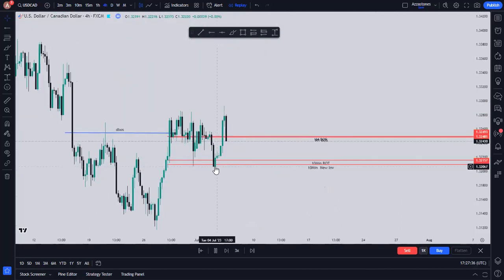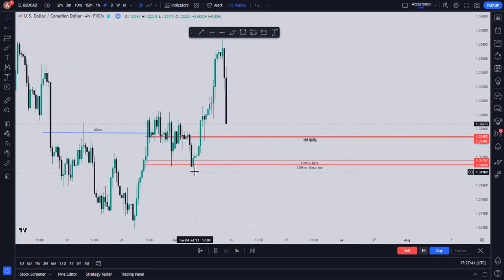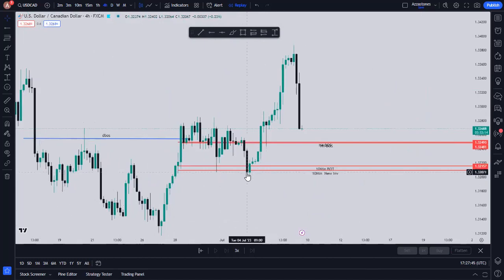So if you took a trade around here in the last days before, you could be safe until now. Okay, but what I want is to take another opportunity for you going up.